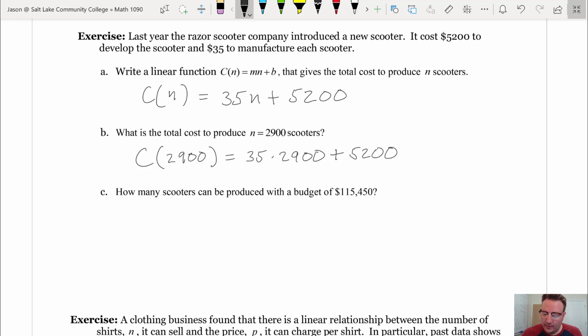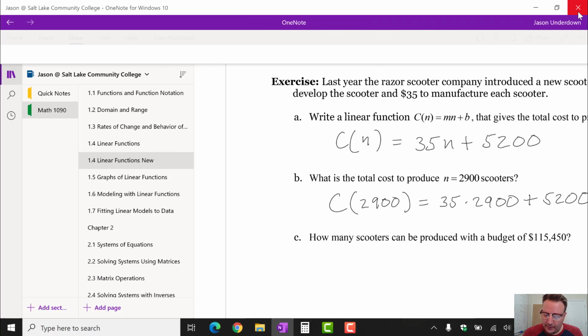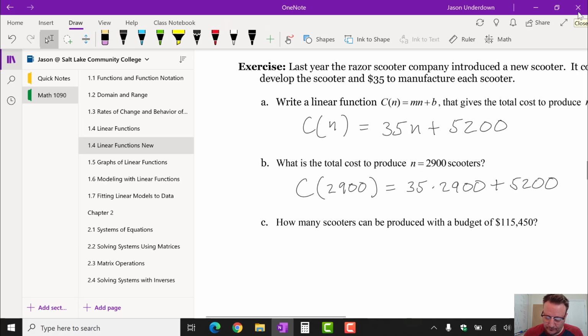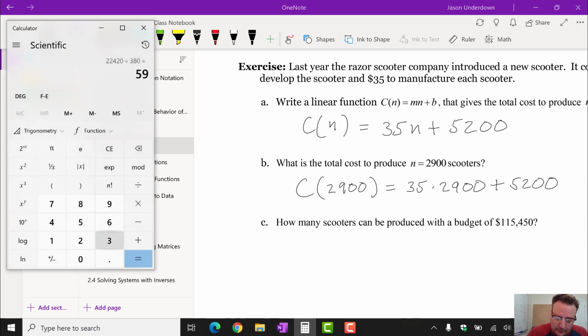Okay, let me pull up the calculator. We want to do 35 times 2,900 plus 5,200.